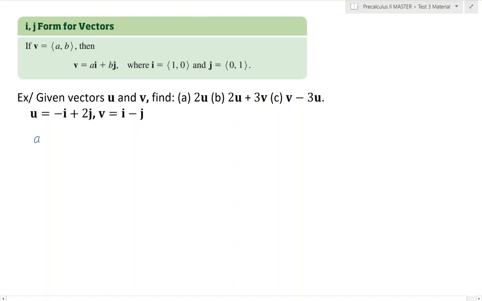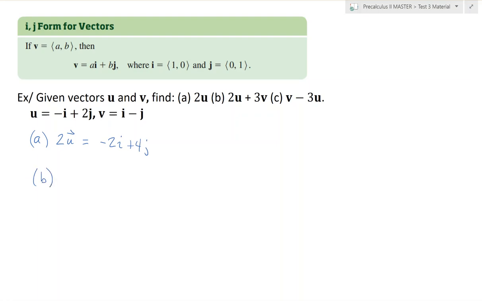So for part a, 2u is going to be negative 2i plus 4j. Every component, i and j, is multiplied by 2. That's it.